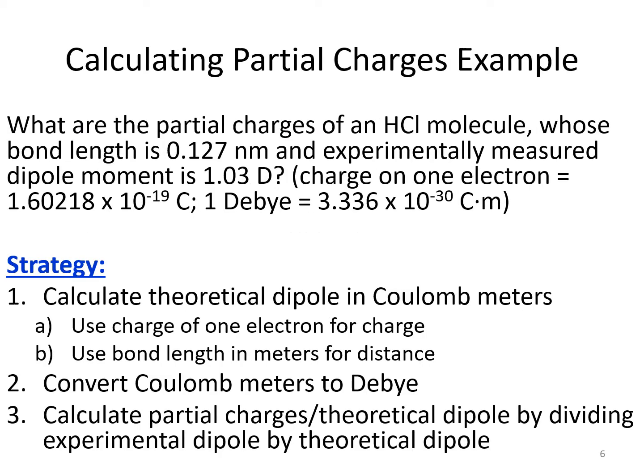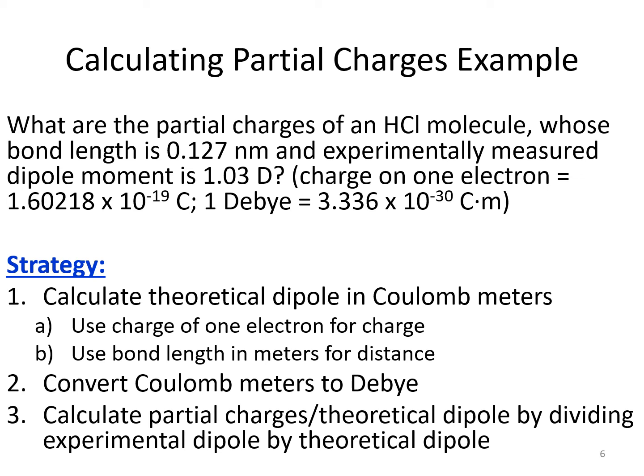Here's an example of how we can do calculations involving dipole moments. The most important thing with this type of problem is making sure the units are correct. In this problem, we are told that the bond length is 0.127 nanometers, and the experimentally determined dipole is 1.03 debye. Our first step in solving this problem is to calculate the theoretical dipole for if the bond were completely ionic.